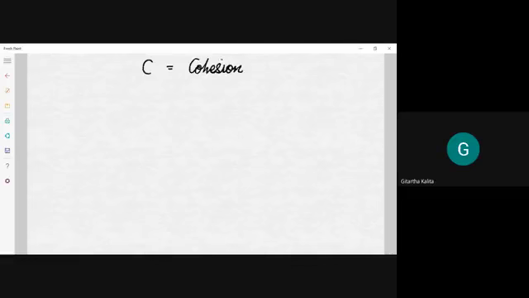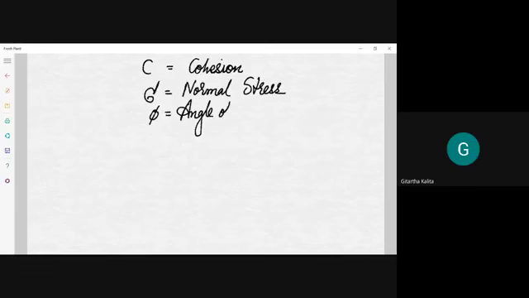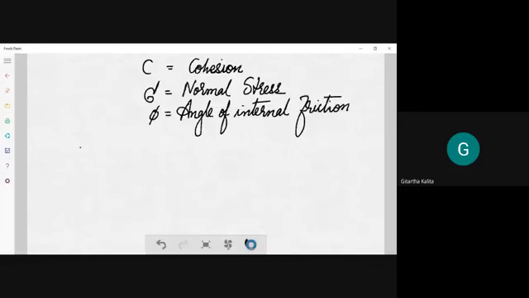Sigma represents the normal stress, and phi represents the angle of internal friction. So if there is some shear in a soil, then the shear is equal to the cohesion of the soil plus this normal stress into tan phi. That is the relation.